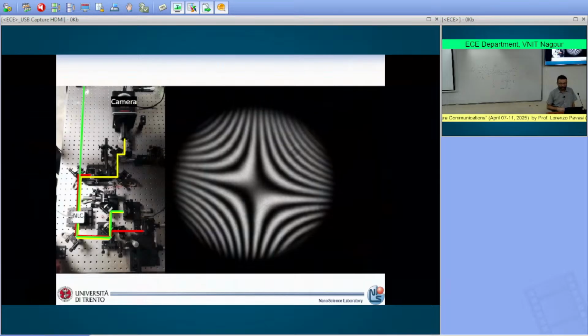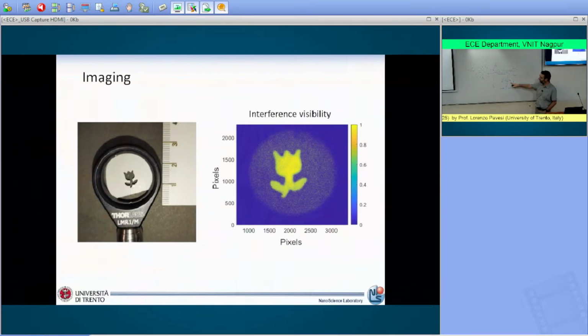And then we put an obstacle here. For example, this obstacle is a flower. But this obstacle is placed in the path traversed by the photons that we are not looking at. By looking at the photons that do not interact with the obstacle, you see that we are able to observe quite good images that reproduce the obstacle.